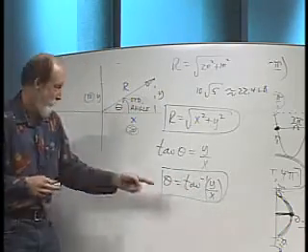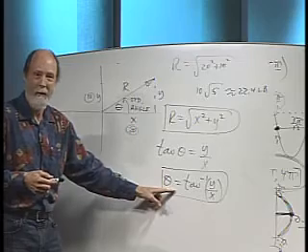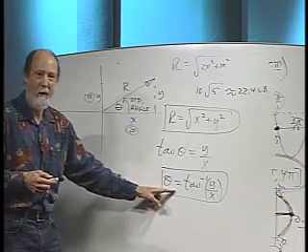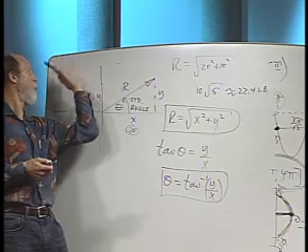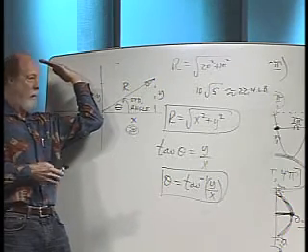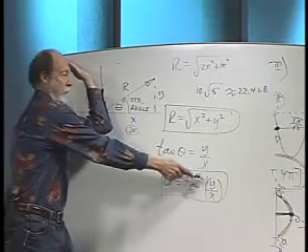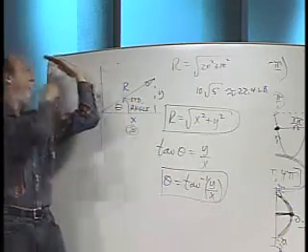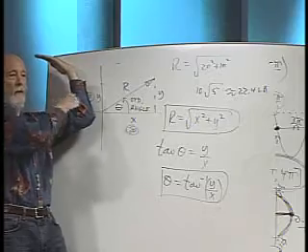Now, you also have to have your brain engaged here, don't you? Here's why. What if I instead put this vector over here, and you punched inverse tan of y over negative x?